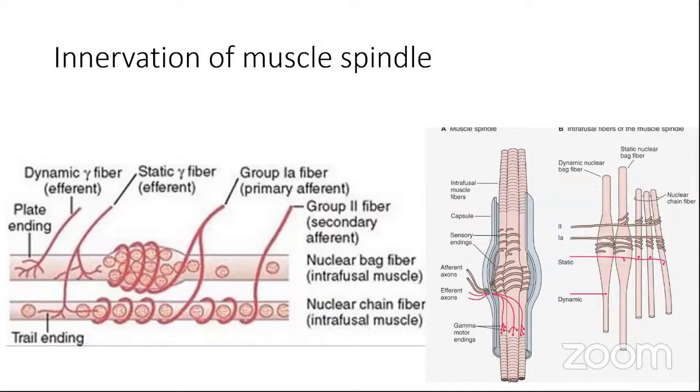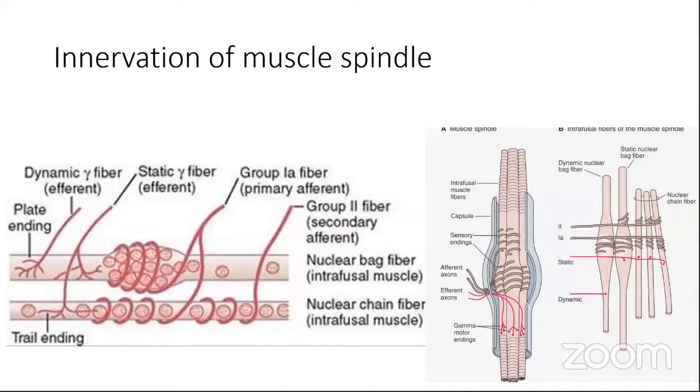It is also called group 1A fiber. Group 1A fiber innervates the globular middle portion of the nuclear bag as well as the middle portion of the nuclear chain fibers.